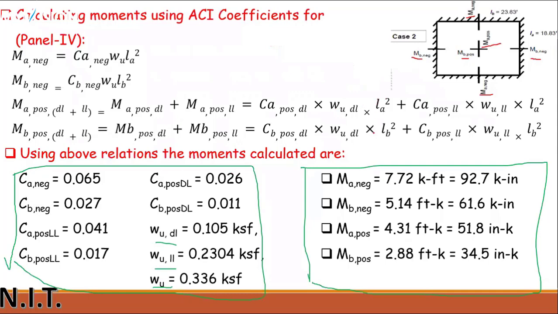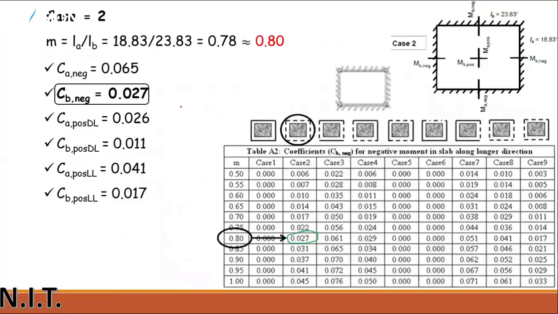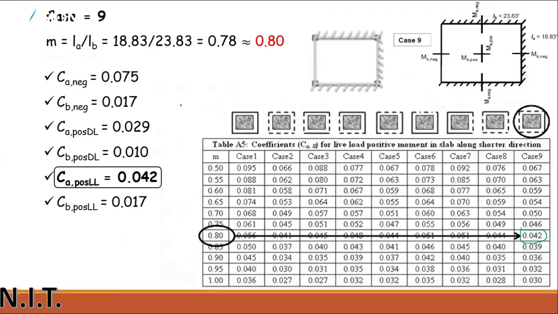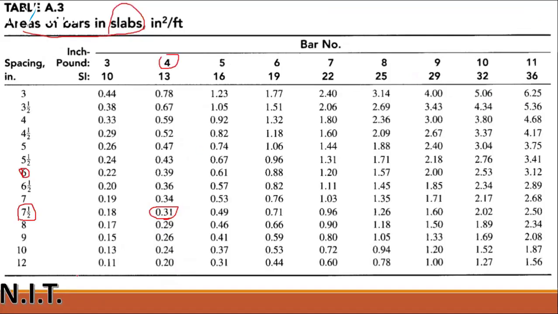Similarly, my second value is 0.53 and the third value is 0.144. Let's find out 0.53 and 0.144.